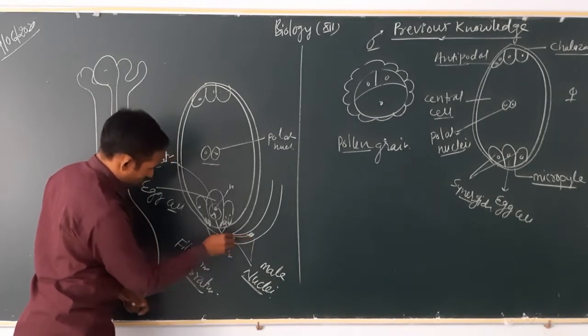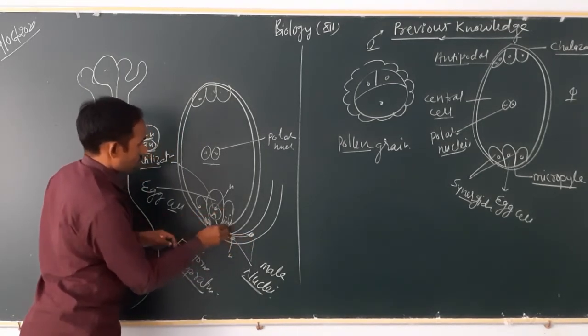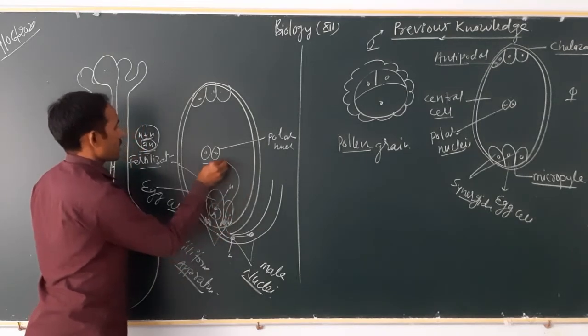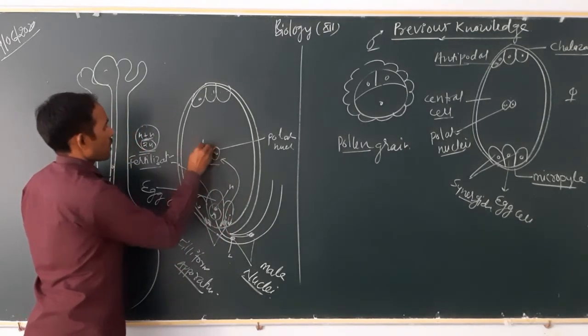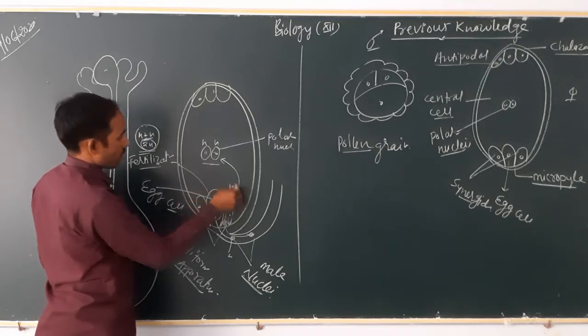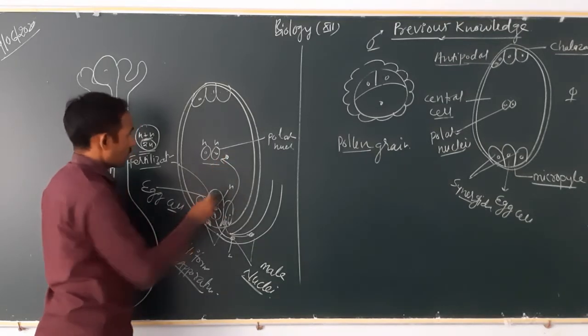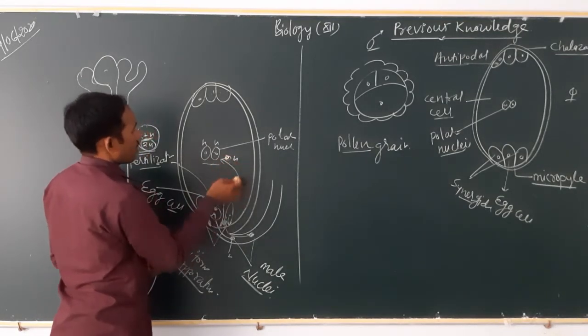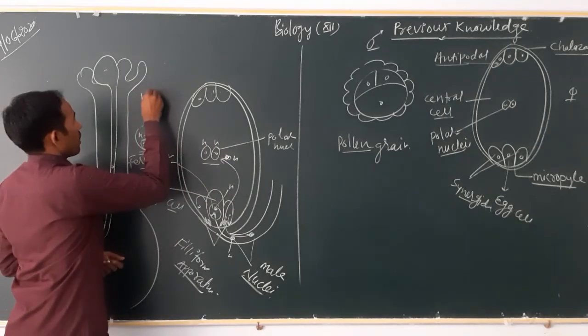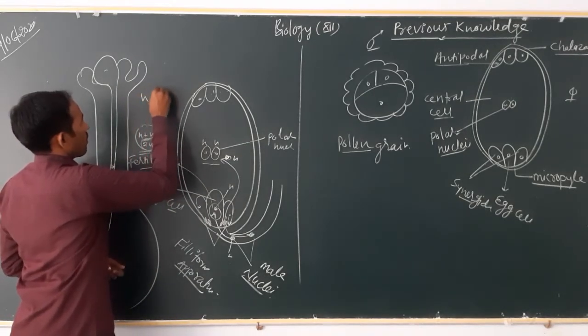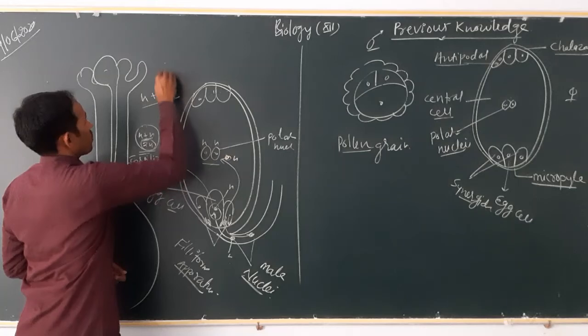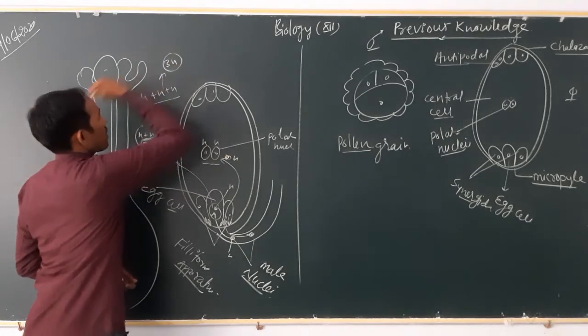Then the second nucleus also is transported through the filiform apparatus and is guided to be here. Here N was already there and another third one is coming. It is also N. So what will happen? N plus N plus N becomes 3N.